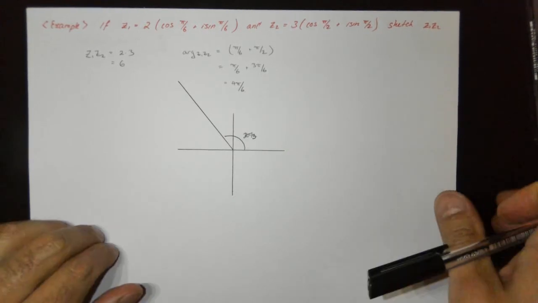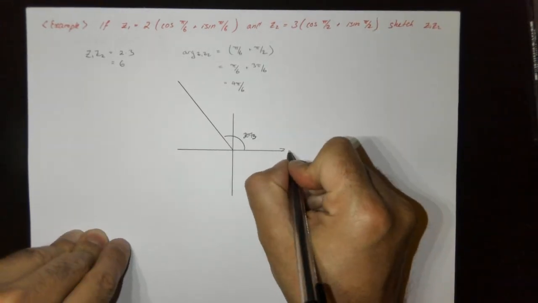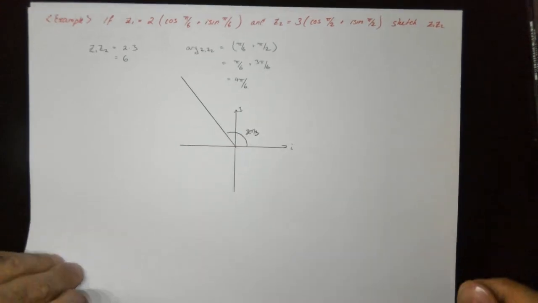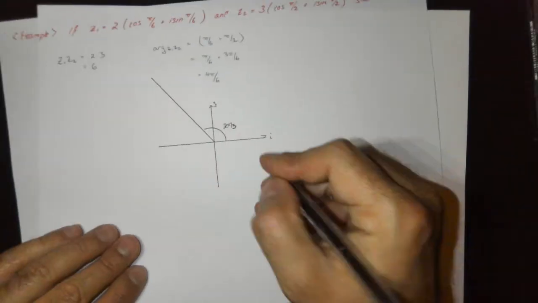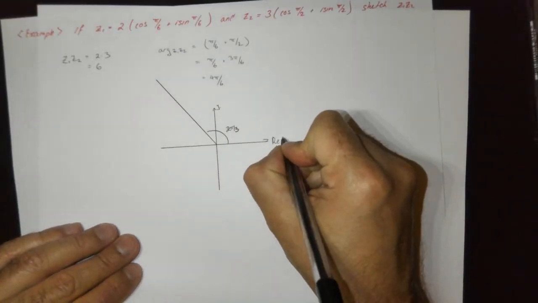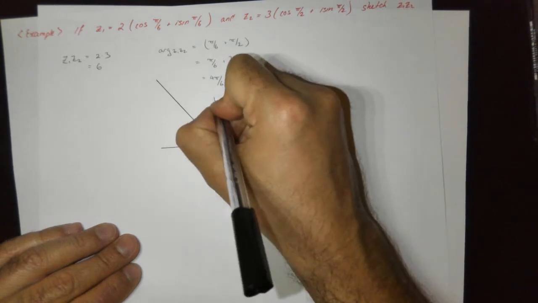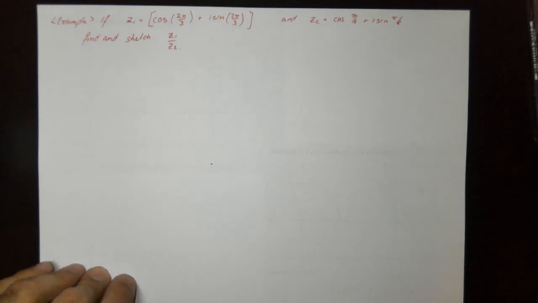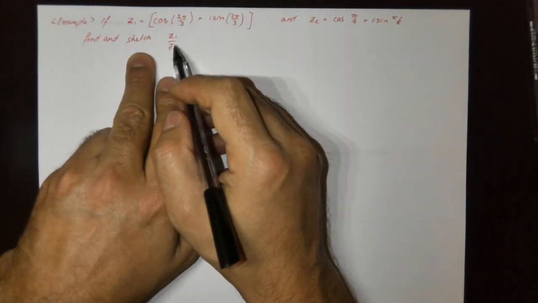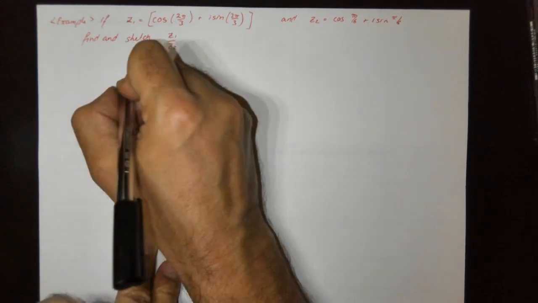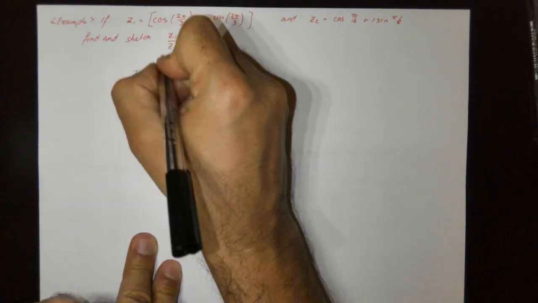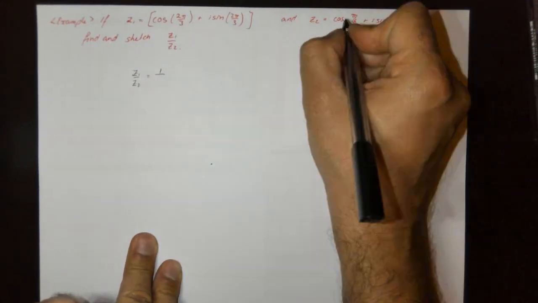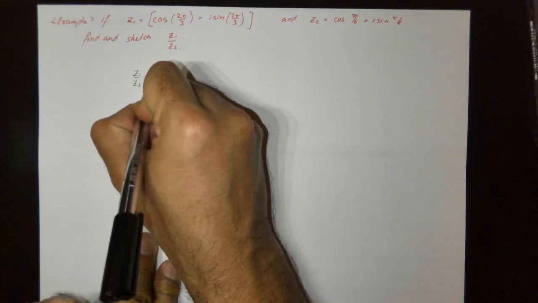Now, let's do the next question. So if we have Z1 and Z2, and we want to find Z1 over Z2, this modulus is 1, and the modulus here is also 1, so 1 divided by 1 is still 1.